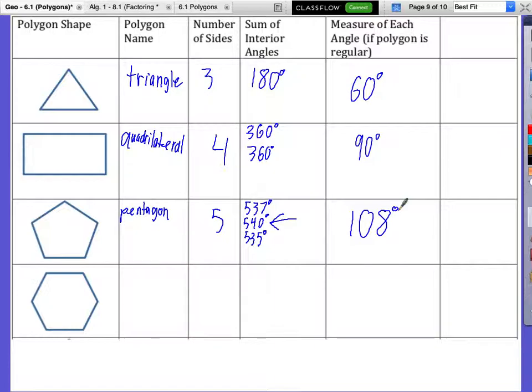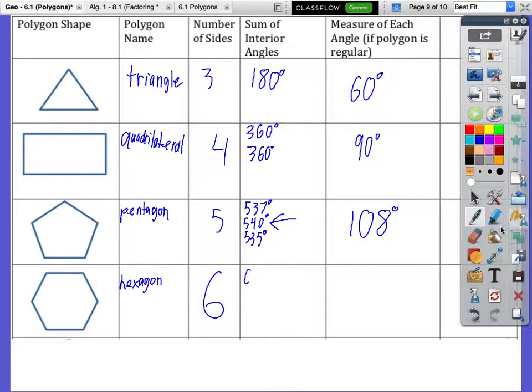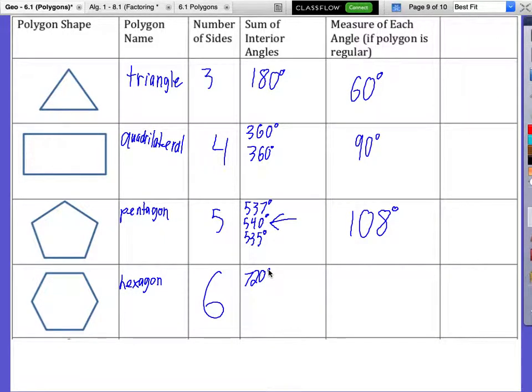Okay. Who had the 6-sided figure? Raise your hand if you had the 6-sided figure. Owen and Josie, okay. So what was the name of this? Hexagon. Now, what was the sum of the interior angles? Owen, what'd you get? Josie, what'd you get? Okay.